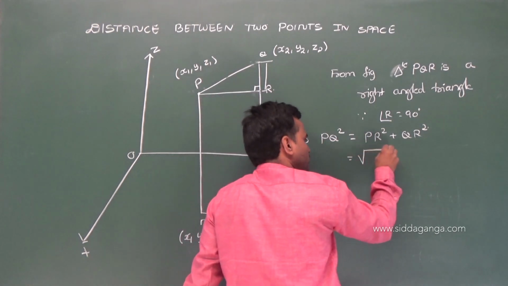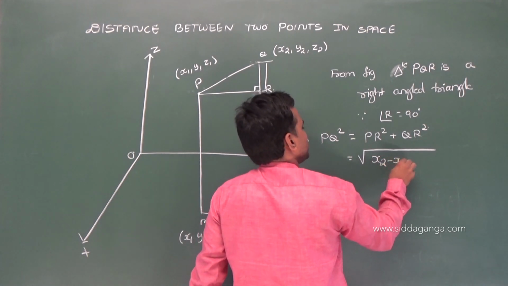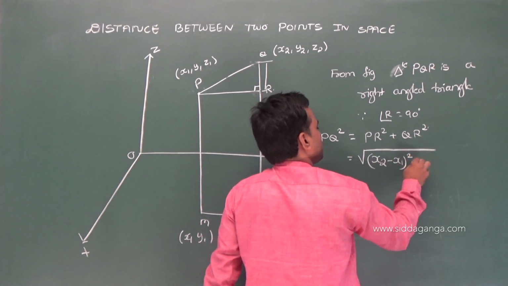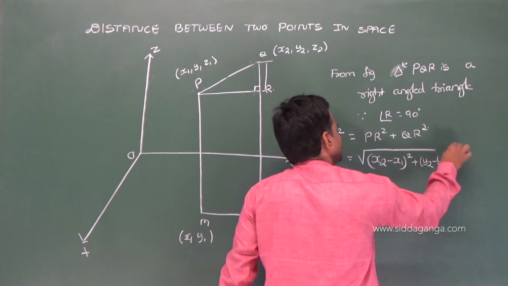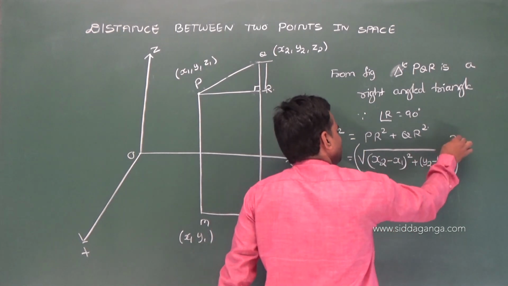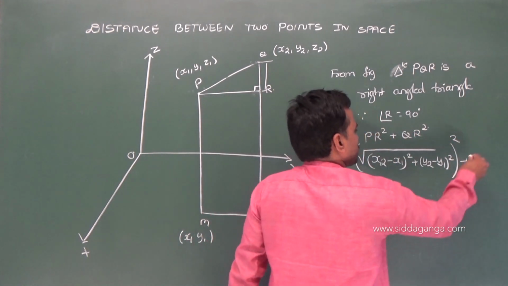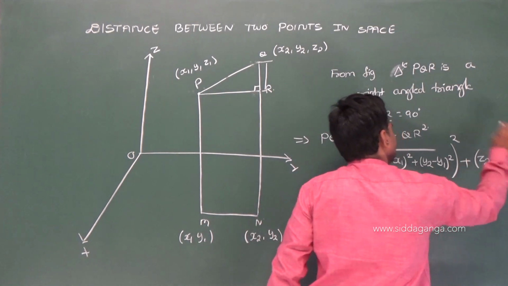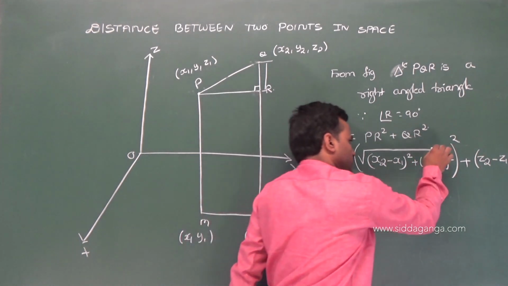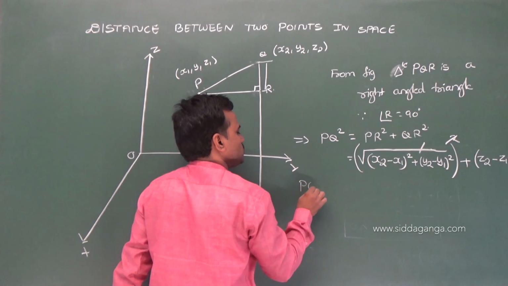PR square is nothing but X2 minus X1 whole square plus Y2 minus Y1 whole square, and QR square is Z2 minus Z1 whole square. Here the square root gets cancelled.